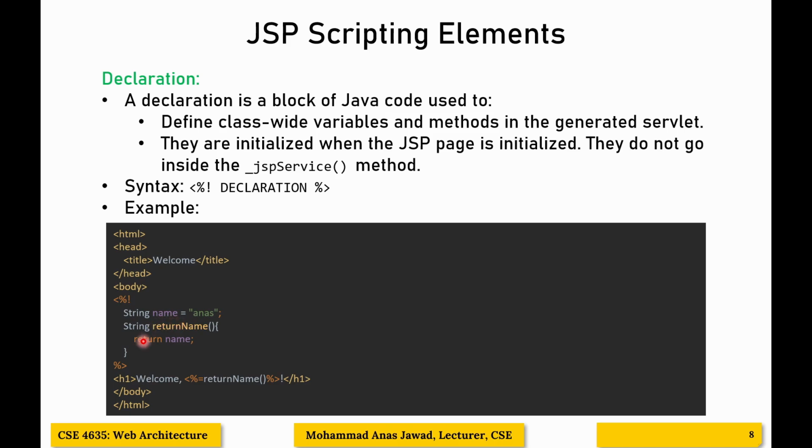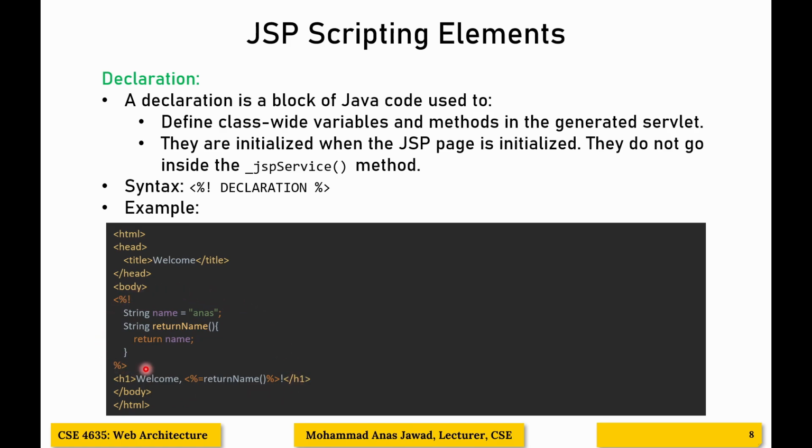Okay. Now, inside our h1 header tag here, we want to print something like welcome anas. And for that, what we are doing is we have simply written welcome, and then we have used a JSP expression to evaluate the function. Okay, so whenever this function is going to be evaluated, we are simply going to get the value anas. So all the client will see in his web page is the message welcome anas.